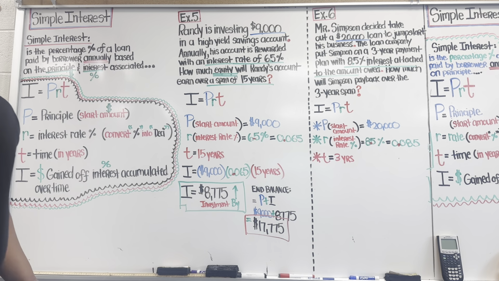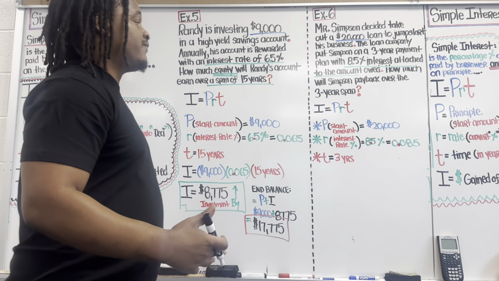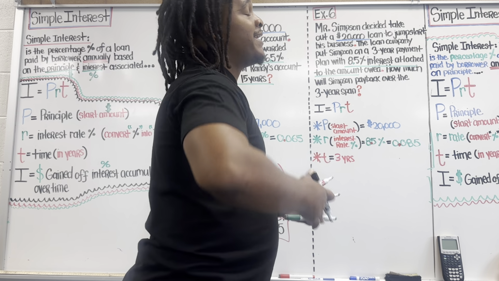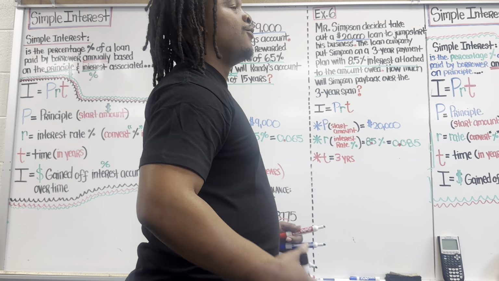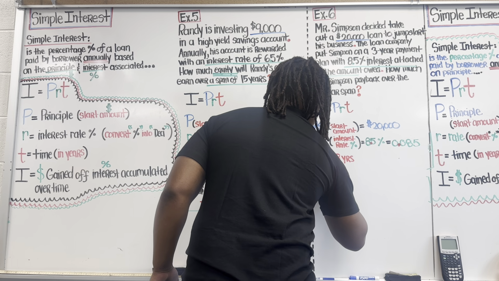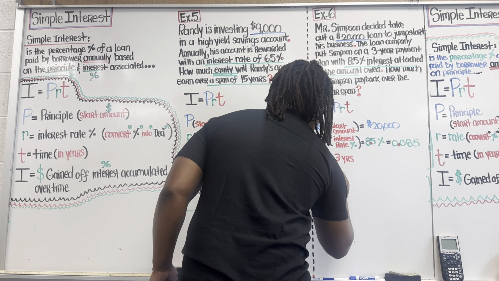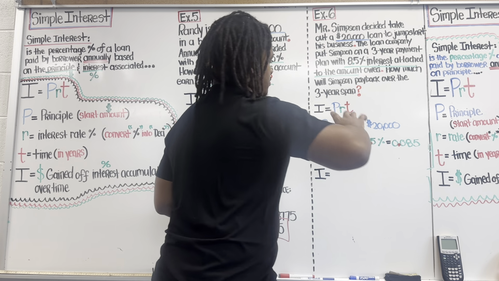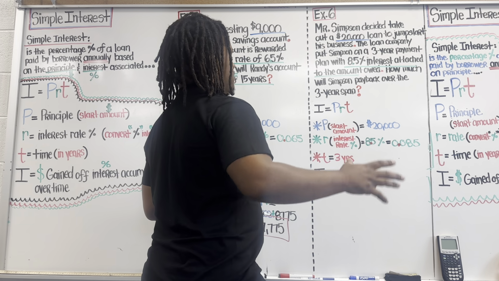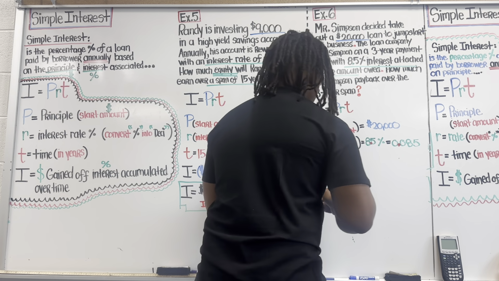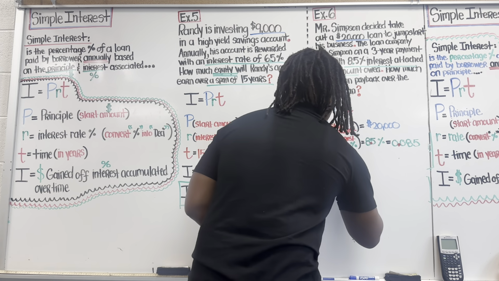Cool, 3 years. Now, in order for us to find out how much interest, which is the extra that he has to pay on top of the $20,000, all we have to do is plug these values into the simple interest formula to find out how much interest has been attached to the loan over a span of 3 years. So let's go ahead and do that.